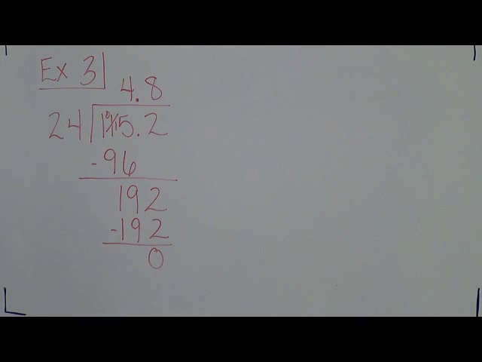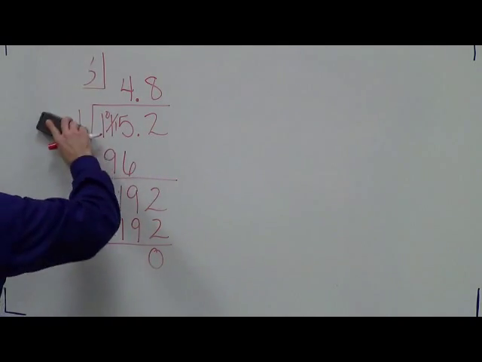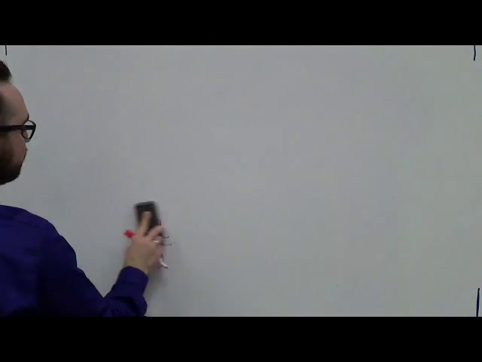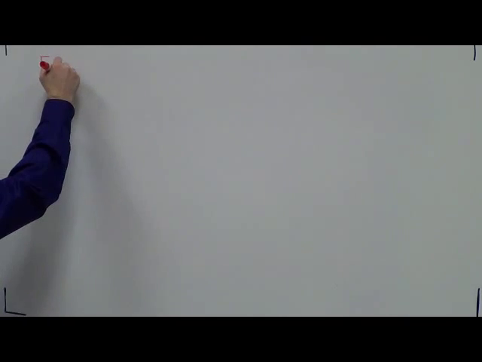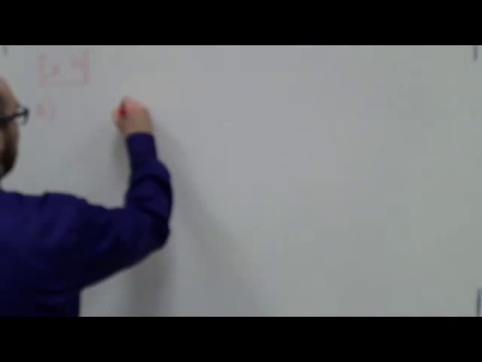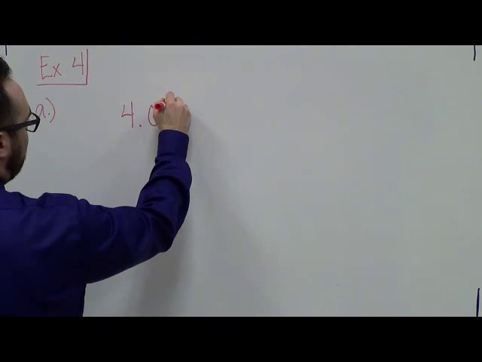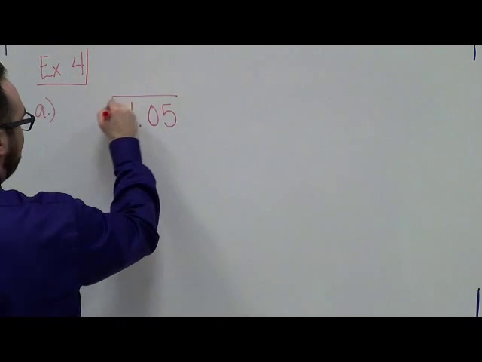Alright, I'm going to go ahead and give you a couple here to do on your own. So we'll call this example number 4. We'll have A. So part A, I want you guys to do 4.05 divided by 15.